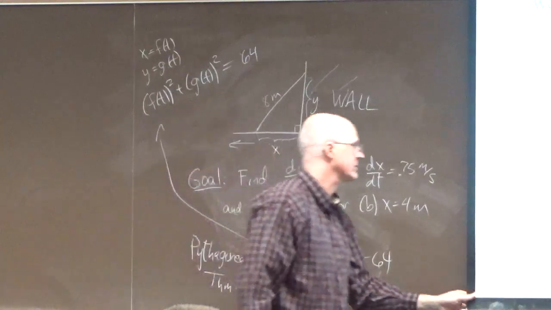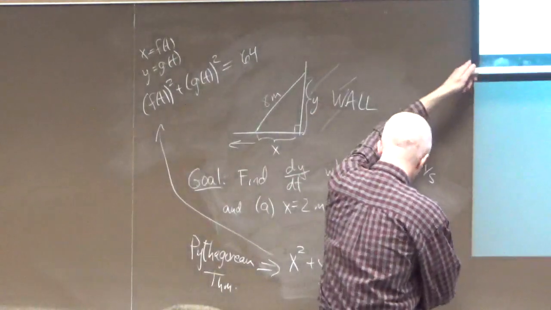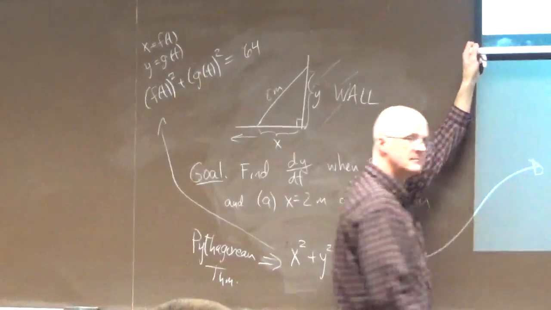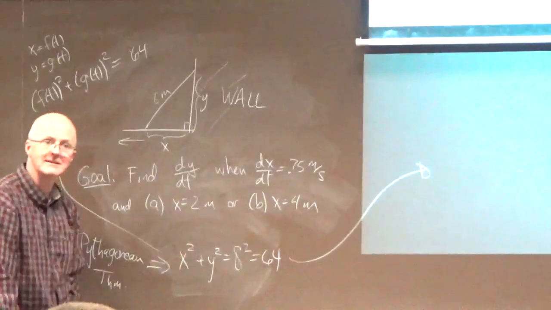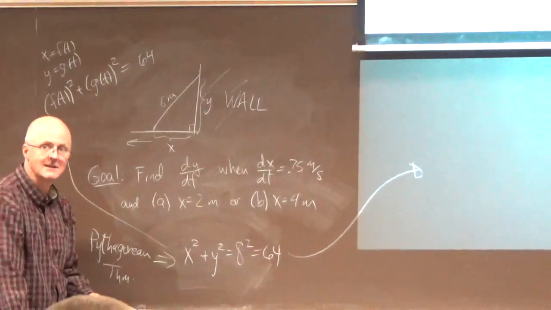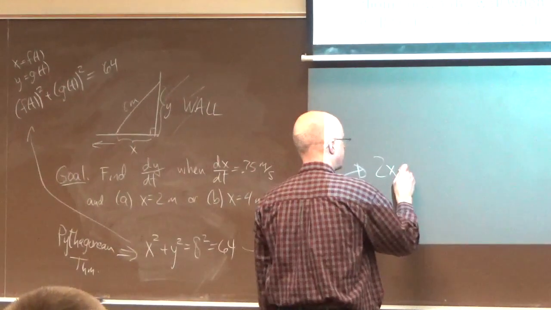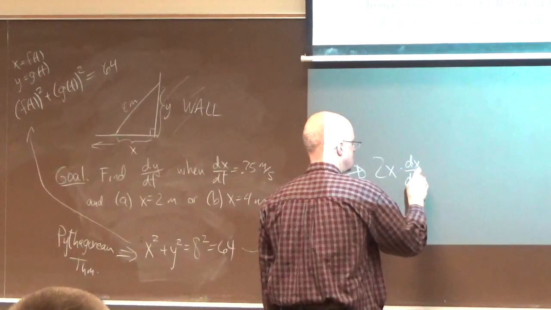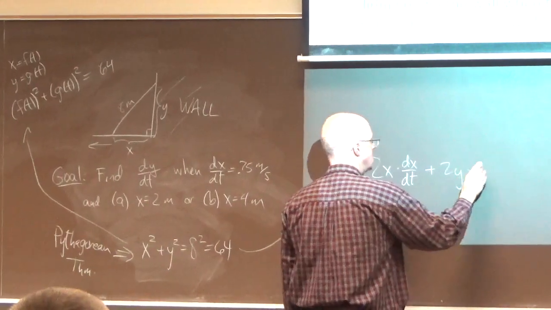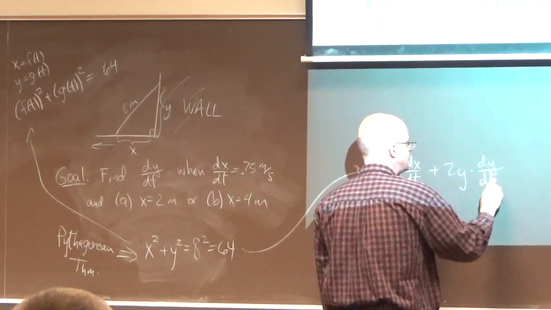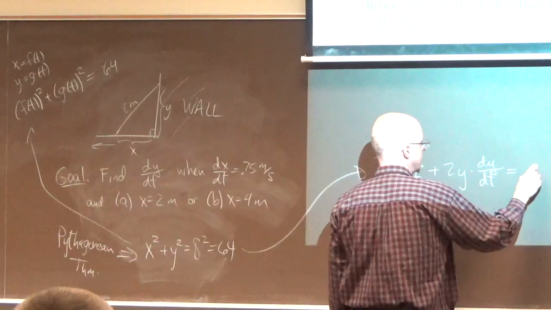Differentiate everything with respect to t. Both x and y depend on t. In both cases, I do not get 0. I get 2 times the function times the derivative of the function by the chain rule. 64 is an honest-to-goodness constant. Its derivative is 0.